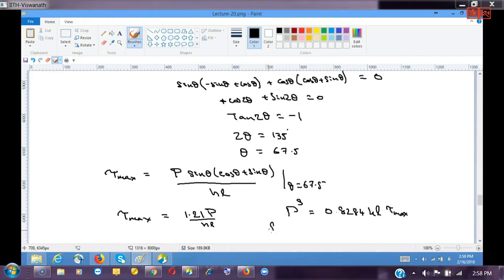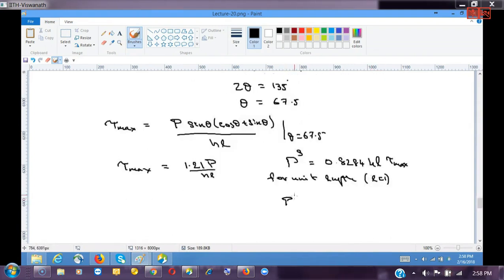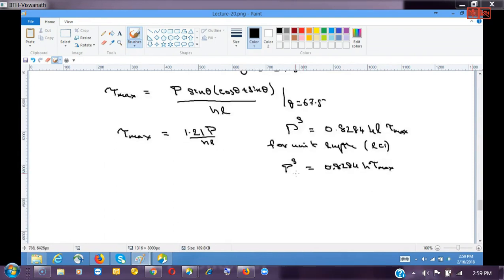For unit length, that is L equal to 1, we can write PS is equal to 0.8284 H tau max. Now if we take the ratio, this is for the transverse.